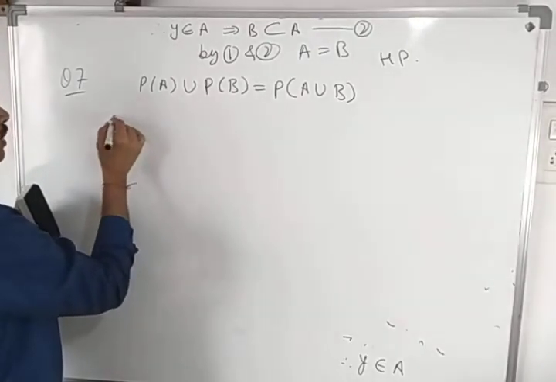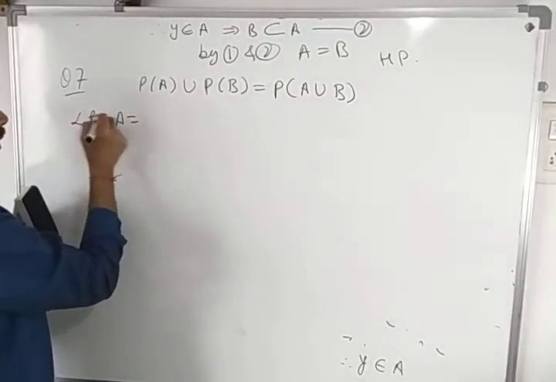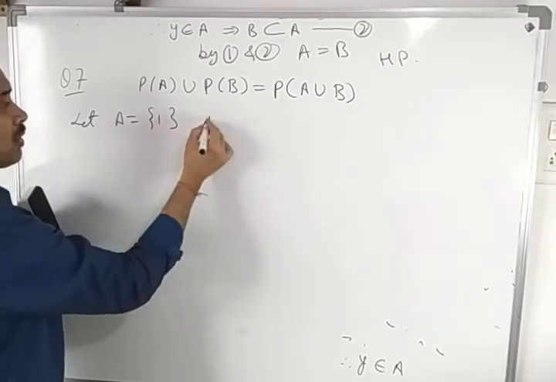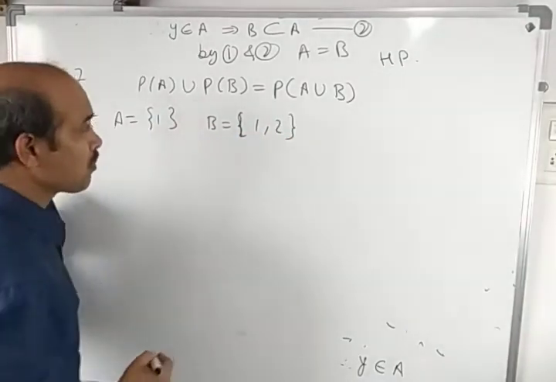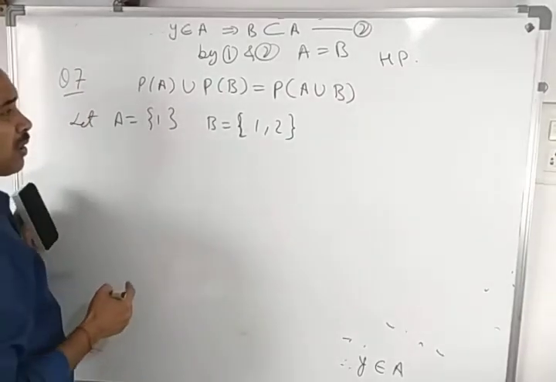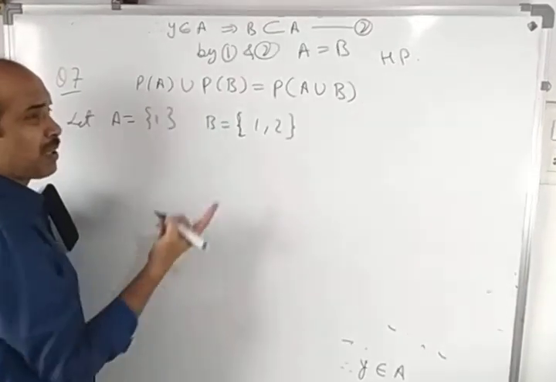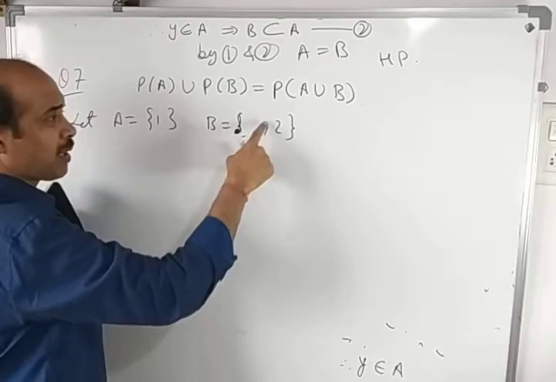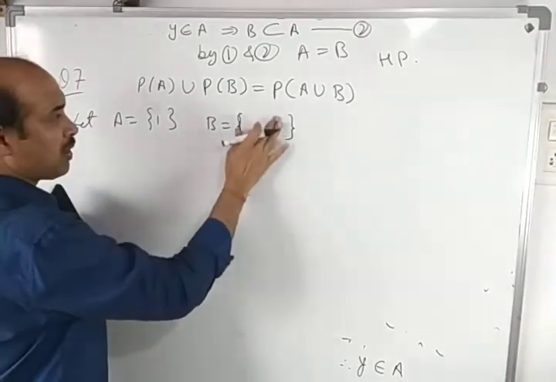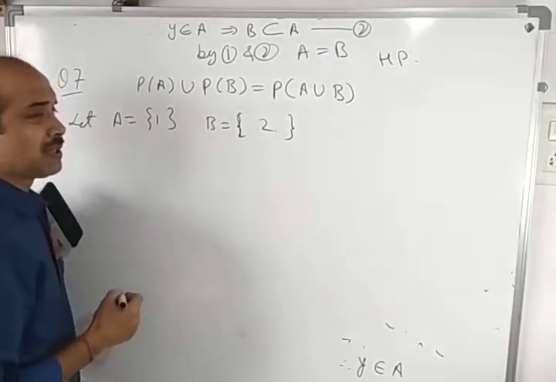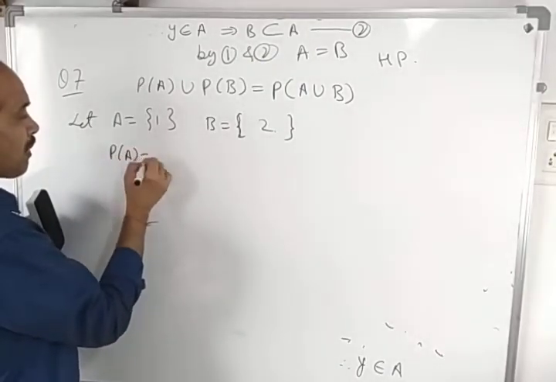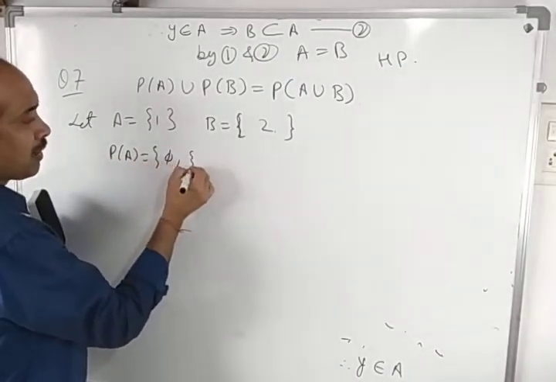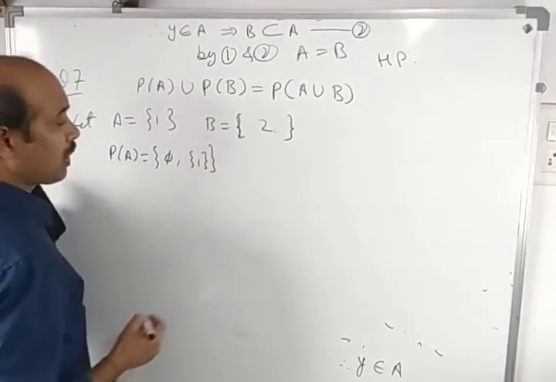Simple, take it. Let A be {1} and B be {1, 2}. Here we have taken A as a subset of B. If you want, you can take them separately also; it will be true for any type of set. What is the power set of A? {∅, {1}}.